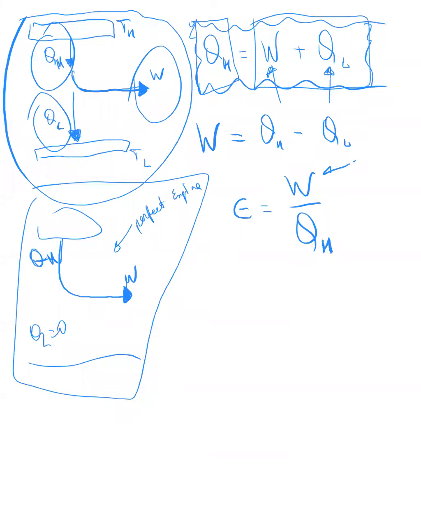So this is basically the total amount of energy, and this is what fraction of it we managed to make into useful work. For the perfect engine, W would be equal to QH, and epsilon would be equal to 1. So 1 means a 100% efficient engine. Real engines, of course, have lower efficiency, and the efficiency of real engines is somewhere between 0 and 1.